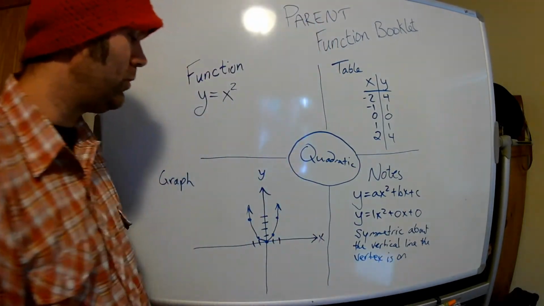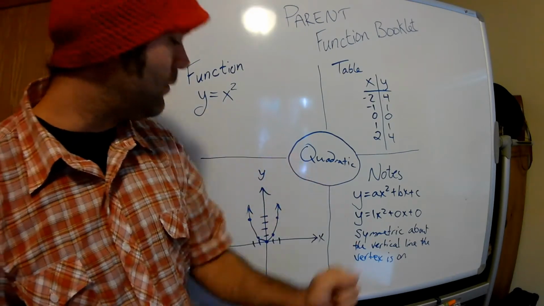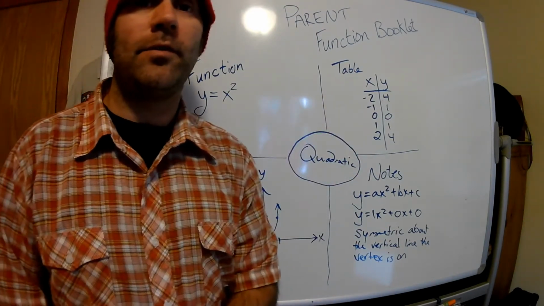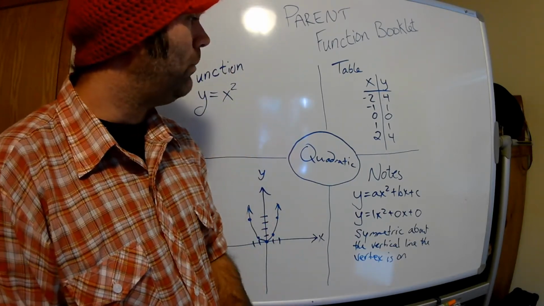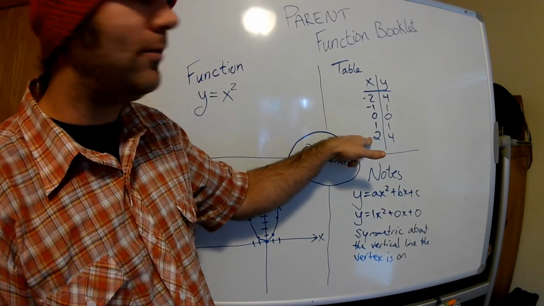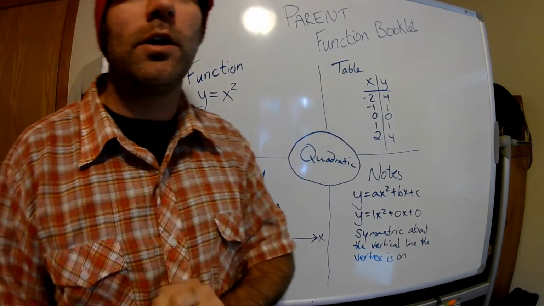This is always true. This is something to keep in mind. If we had known that our vertex was 0, 0, which we can obviously see, but if we knew that just by looking at the equation, then we could have just done the right-hand side and then mirrored the left-hand side, not had to worry about doing 5 points.